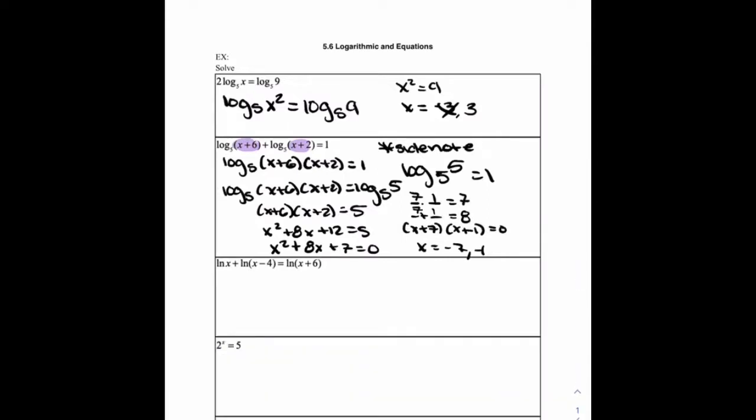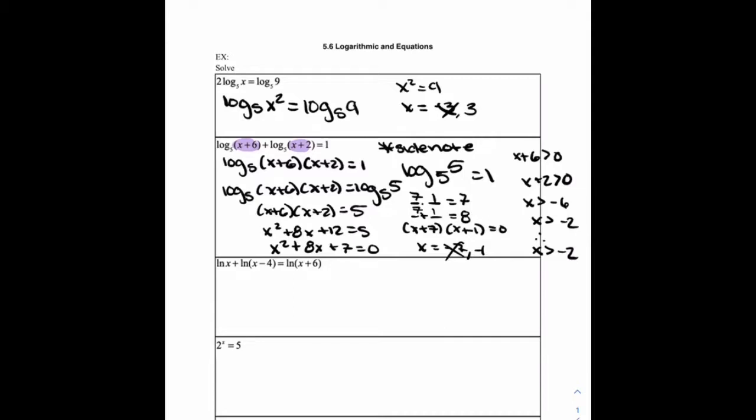So if we set x plus 6 greater than 0 and x plus 2 greater than 0, we end up getting x is greater than negative 6 and x is greater than negative 2. So you go with your highest amount. So therefore, your domain of this function is x is greater than negative 2. So we can take out the negative 7 because that is excluded in the domain.